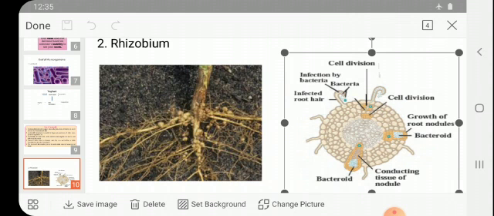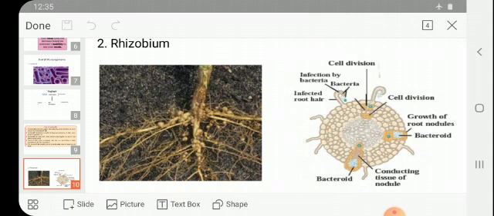Okay. So what are the important functions? Are all these rhizobium type of bacteria useful to us? That may be a question in front of you. Yes, most of the rhizobium type of bacteria are useful. Only 1 out of 5 is a harmful one. And how is it harmful?